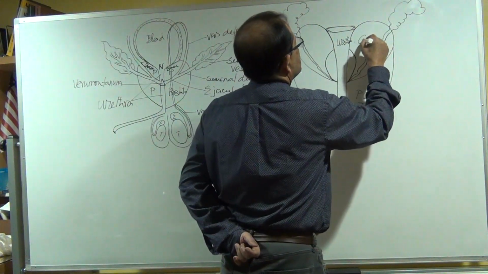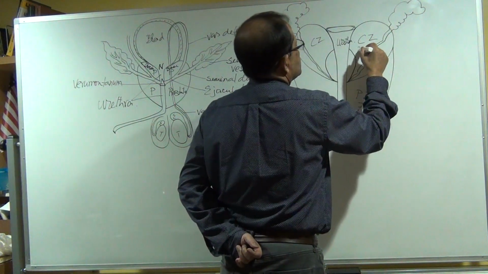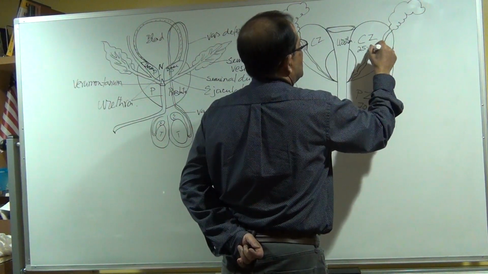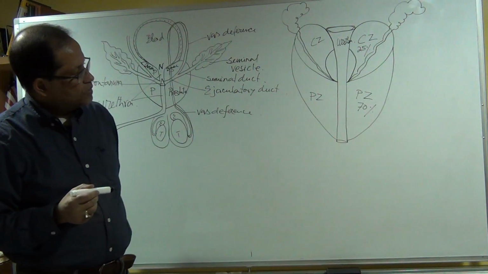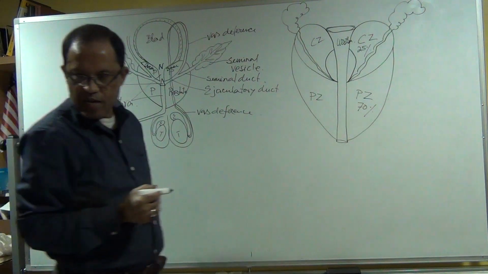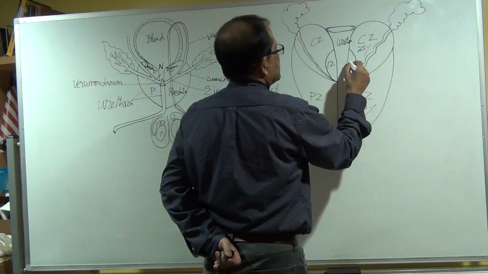This is central zone. Central zone is 25% of the gland. So now 95% gone, right?